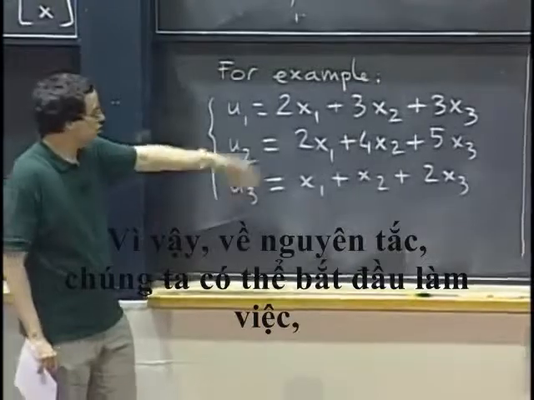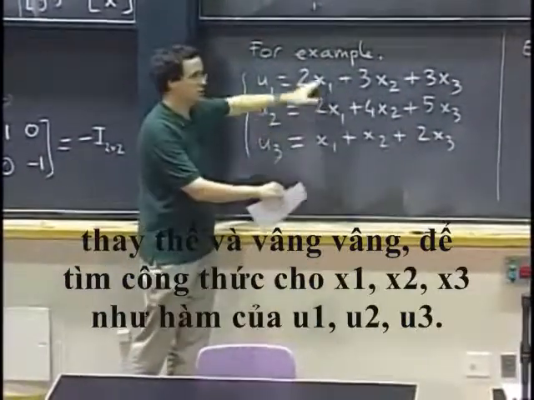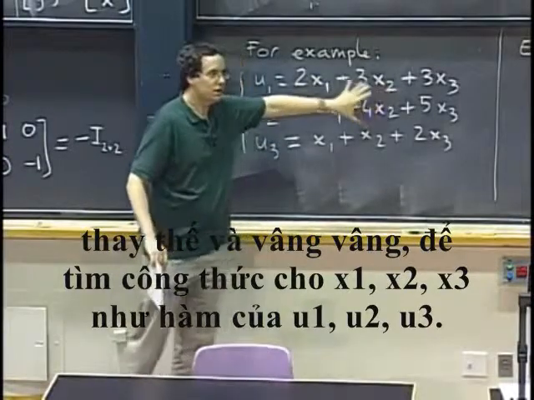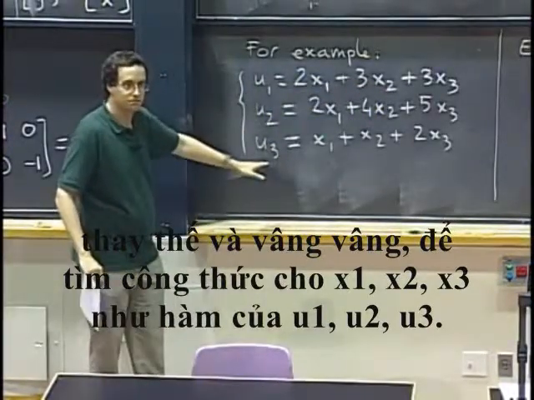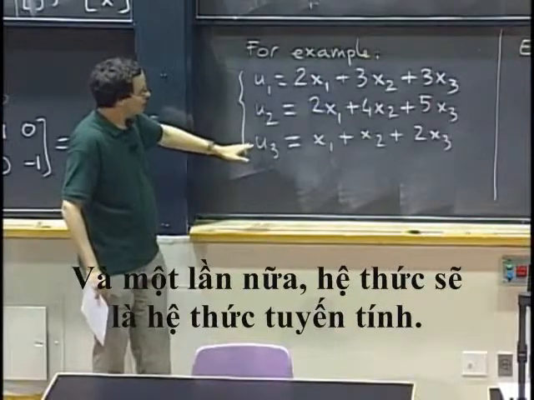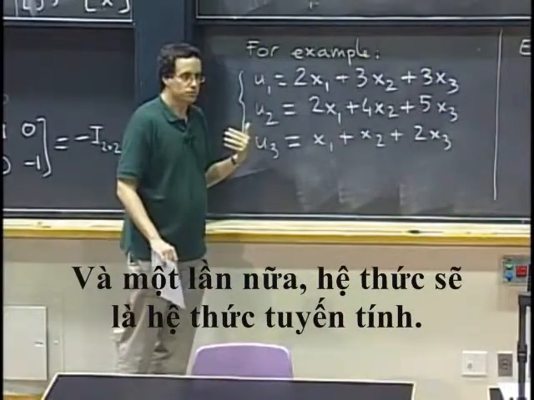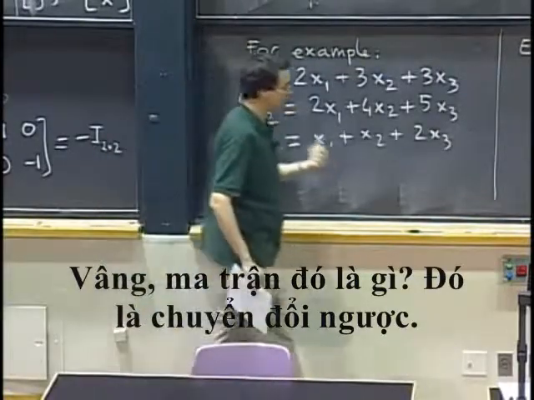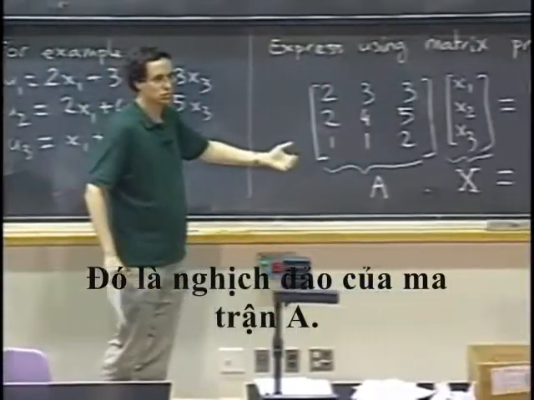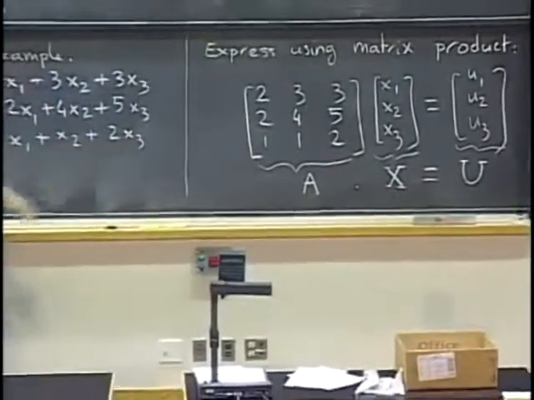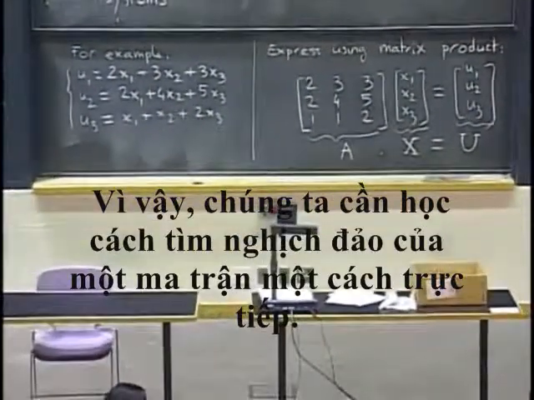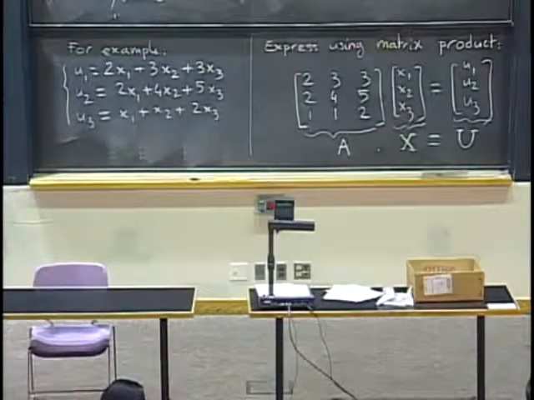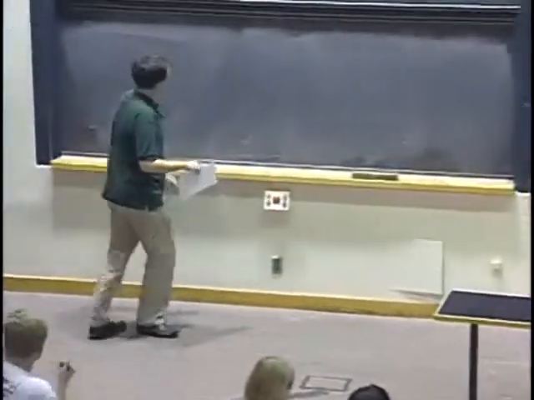So in principle, we could start substituting, and so on, to find formulas for x1, x2, x3 as functions of u1, u2, u3. And the relation will, again, be a linear relation. It will, again, be given by a matrix. Well, what's that matrix? It's the inverse transformation. So it's the inverse of the matrix A. So we're going to learn how to find the inverse of a matrix directly.